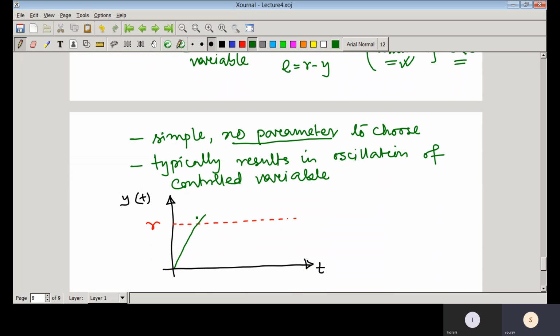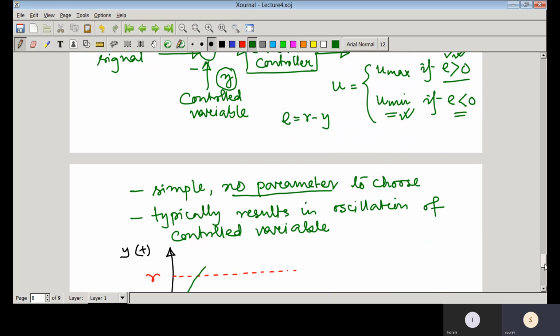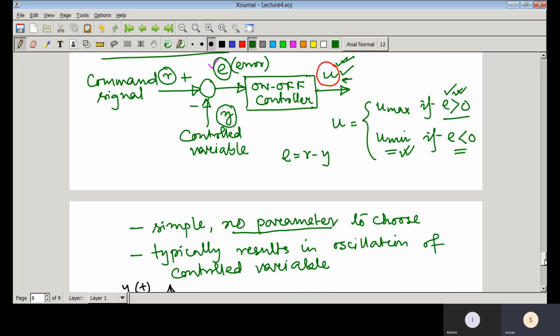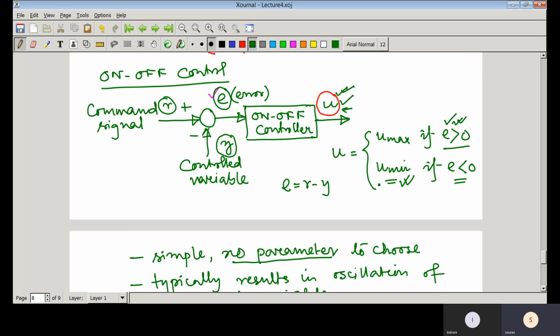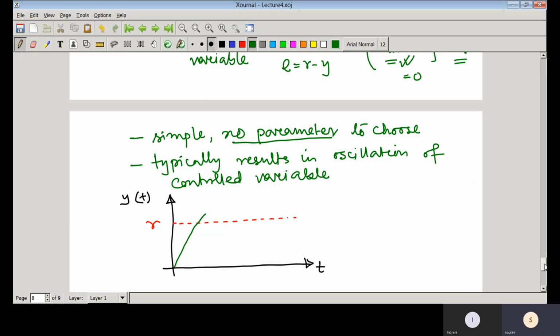So immediately you can see that if u min is equal to, suppose, 0, that means whenever y crosses that r, there is no control input, that means it is in the off stage.